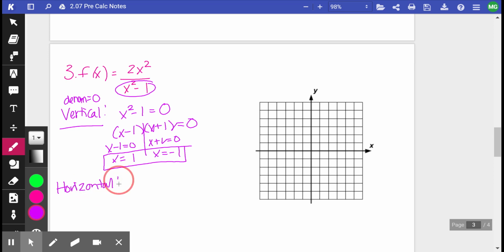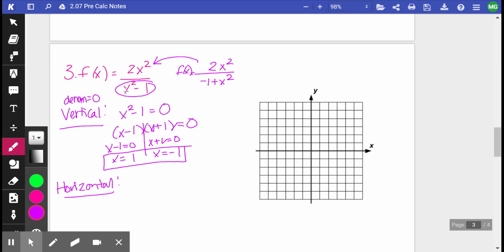Now let's see if we have a horizontal asymptote. That's when we're looking at our highest exponents. Again, you could have to rearrange these so that your highest exponent comes first. For example, this could have been 2x squared over negative 1 plus x squared. And it still would be this, so I would still always rearrange it so your highest exponent comes first, just like this.